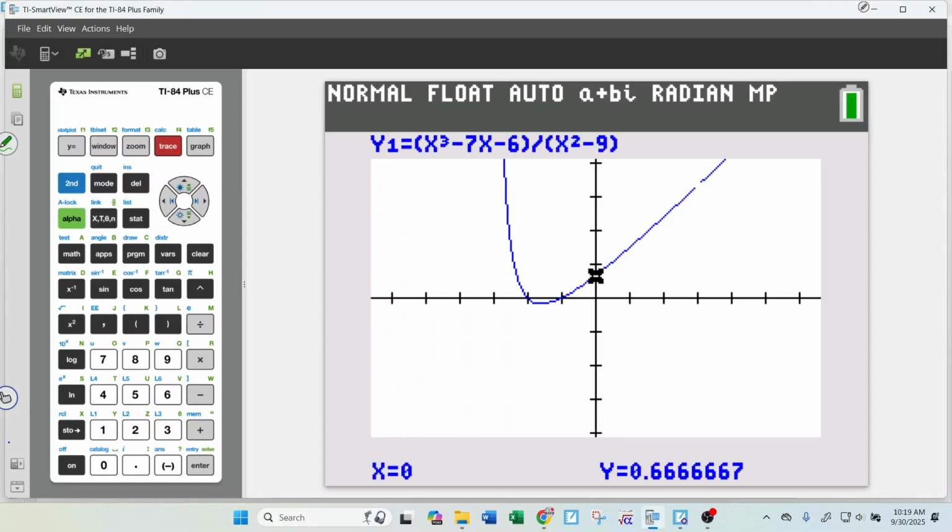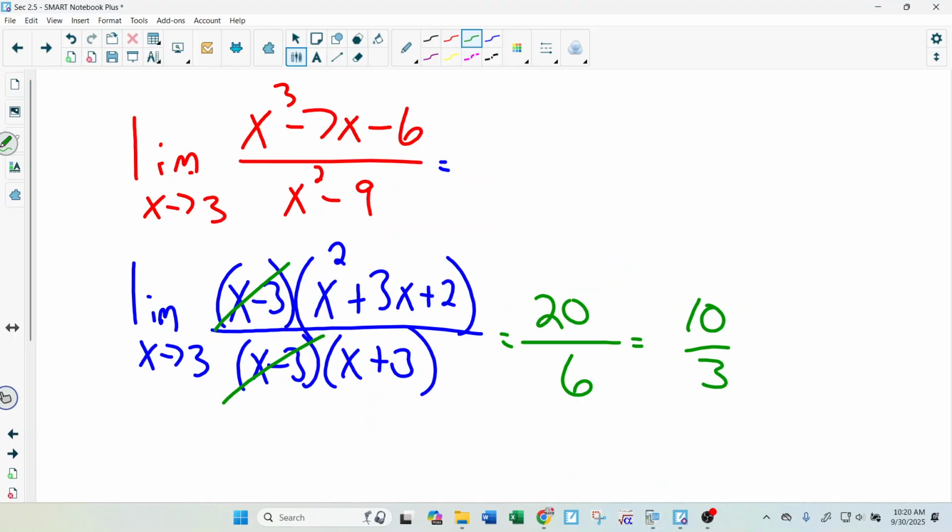If we trace, how close can we get to 3? So you can see 2.9, we get 3.23. 3.1, we get 3.42. So at 3, about 3.3333. Makes sense. So it looks like we're pretty close, okay?